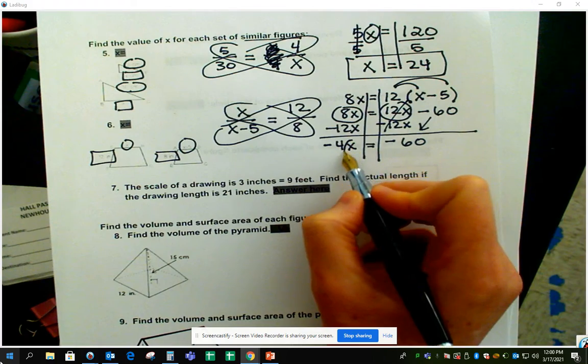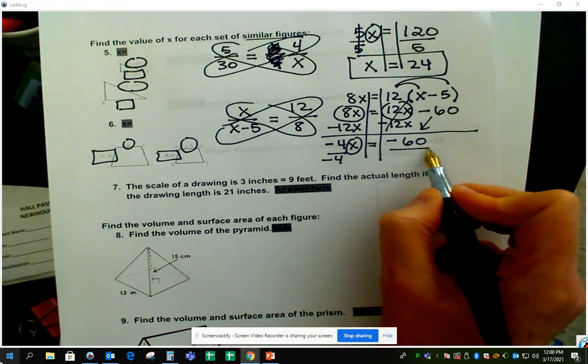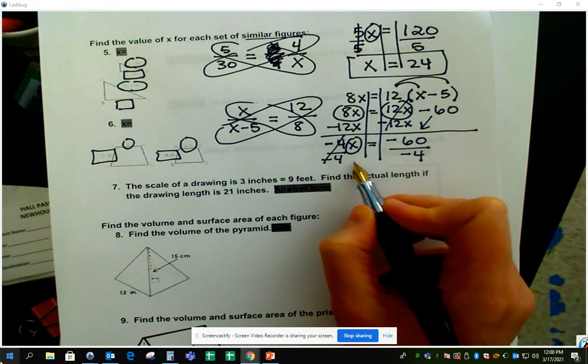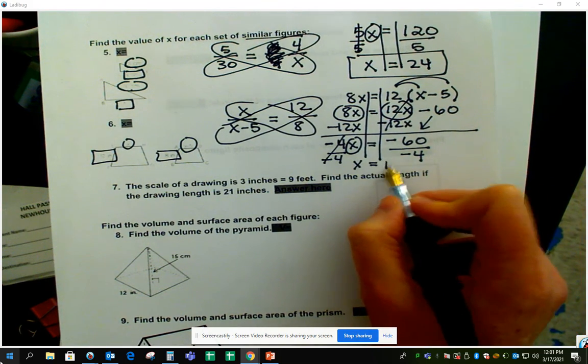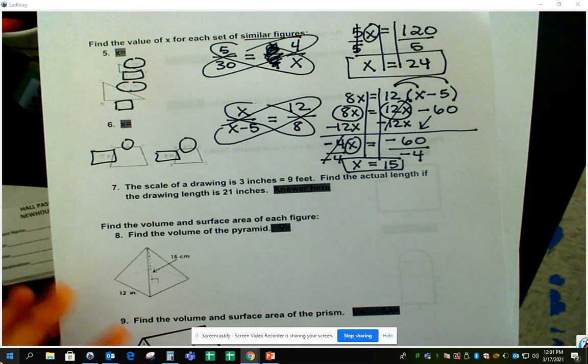And then to get x all by itself, I'm just going to divide by negative 4. So it goes into itself one time, so that leaves x. And then negative 60 divided by negative 4 is positive 15. So x will equal 15 there.